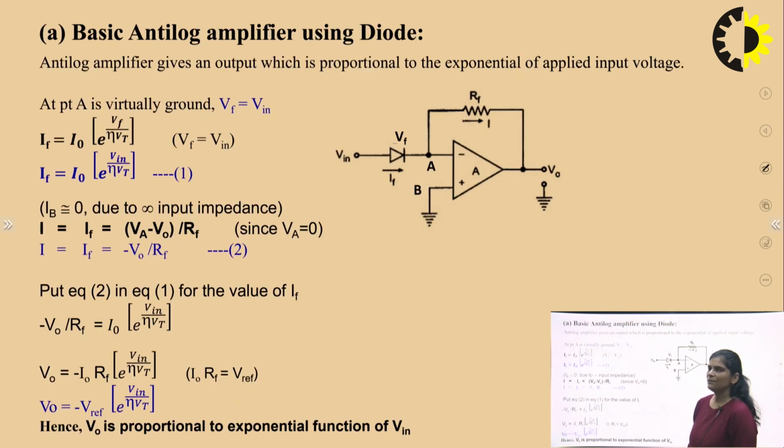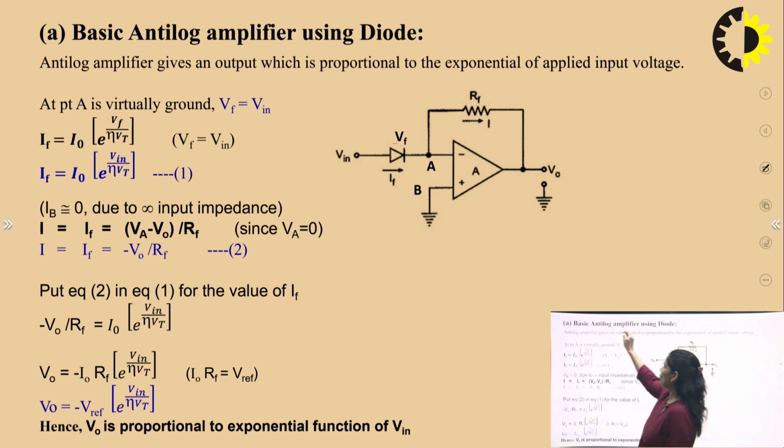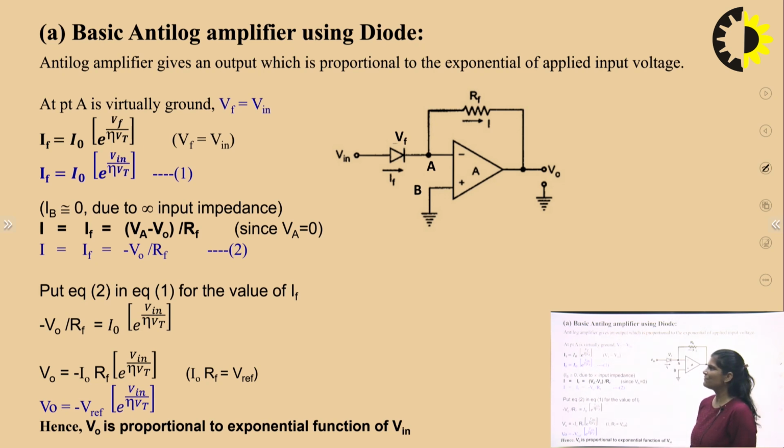Now, we will start with the basic antilog amplifier using diode. First the antilog amplifier using diode, then the BJT, then we will study a temperature compensated antilogarithmic amplifier using diode or BJT. So, this is the circuit diagram. Here, the diode is connected at the inverting terminal of the operational amplifier.